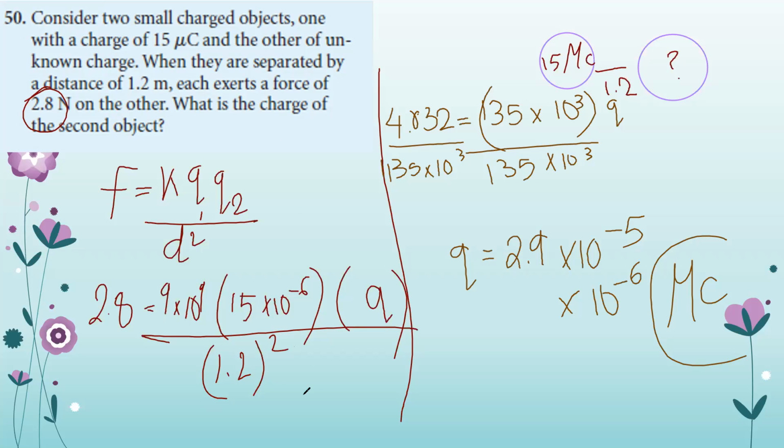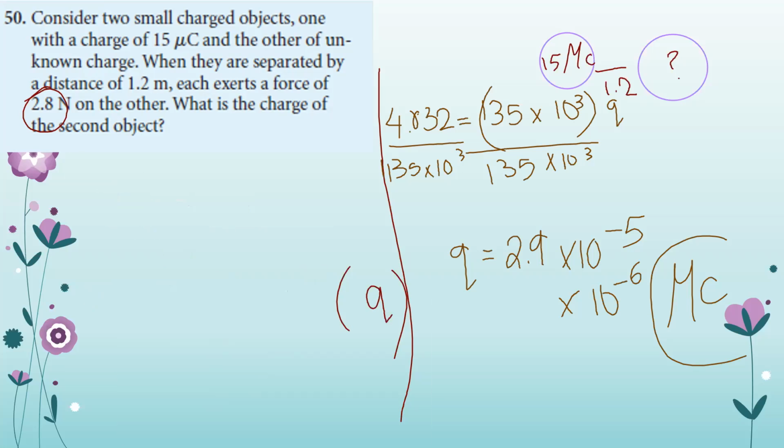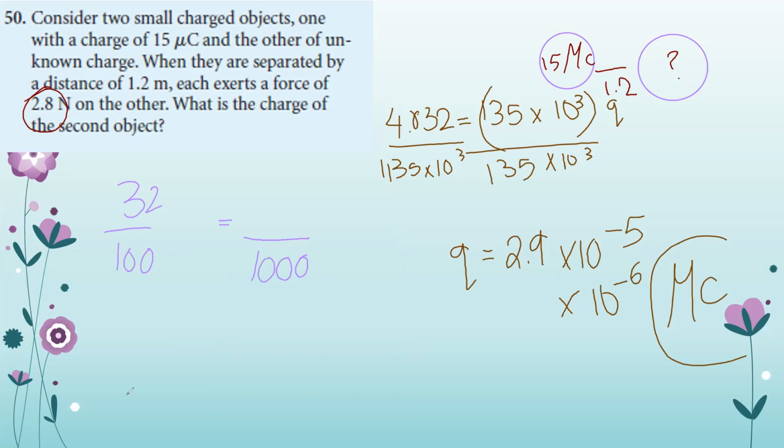Look here. If you have this number, I want you to write it with a denominator of 1000.